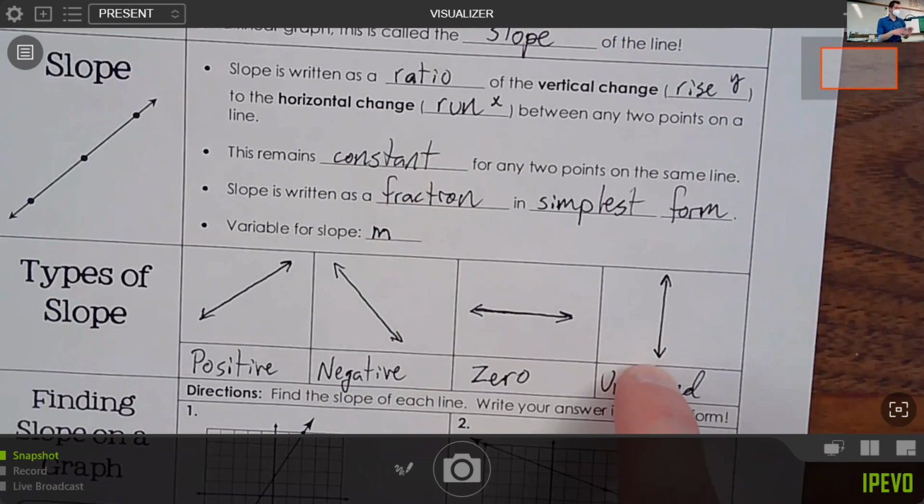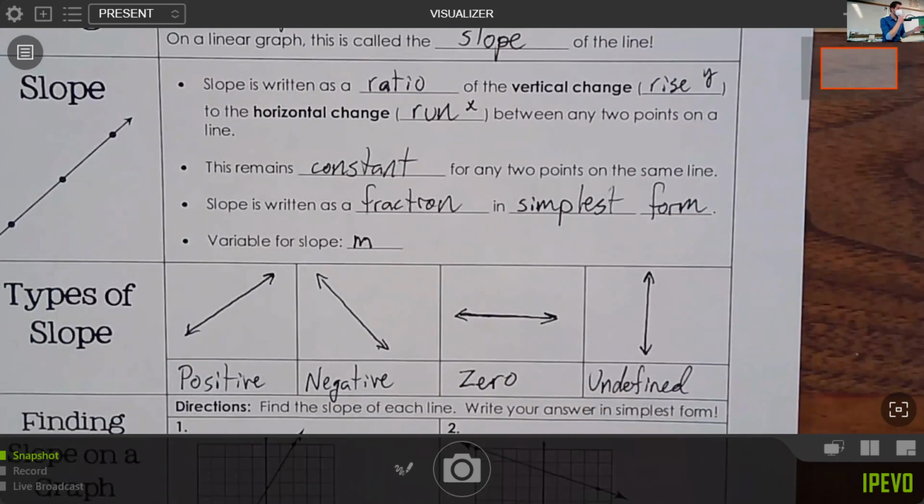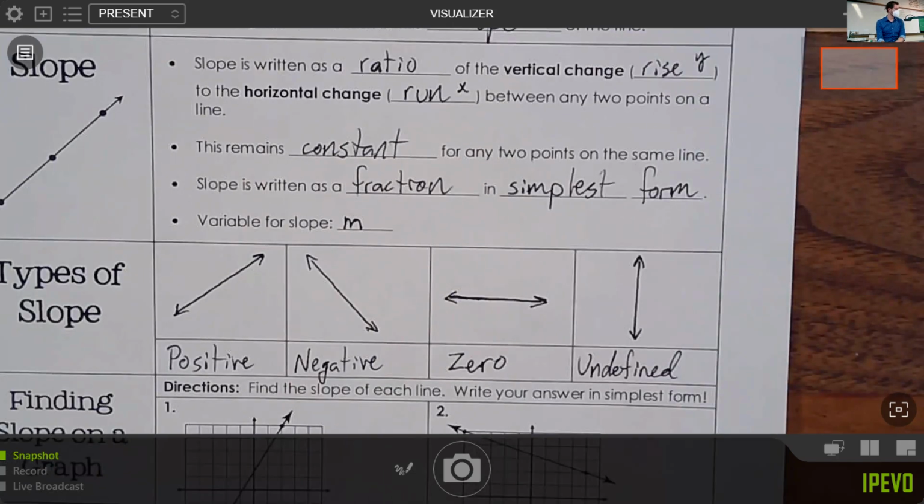And so there's nothing really we can say about it other than it's undefined because it doesn't fit with our definition of a function. And so we have to say undefined for that. So it's a little bit of a side deal there where we can't really do much with it. So we just leave it at that and we say that slope is undefined.